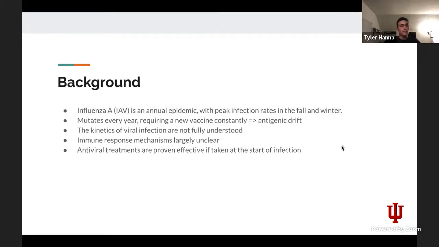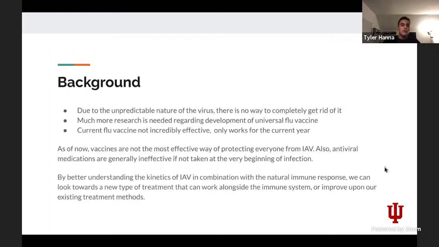The problem with these treatments is that although they are really effective, you need to take them at the very start of the infection or prior to it, which is really hard to determine. And due to the unpredictable mutation nature of the virus, it's really hard for us to see an end to it. The thought of a universal vaccine is still being researched, and a lot more research needs to be done on it.